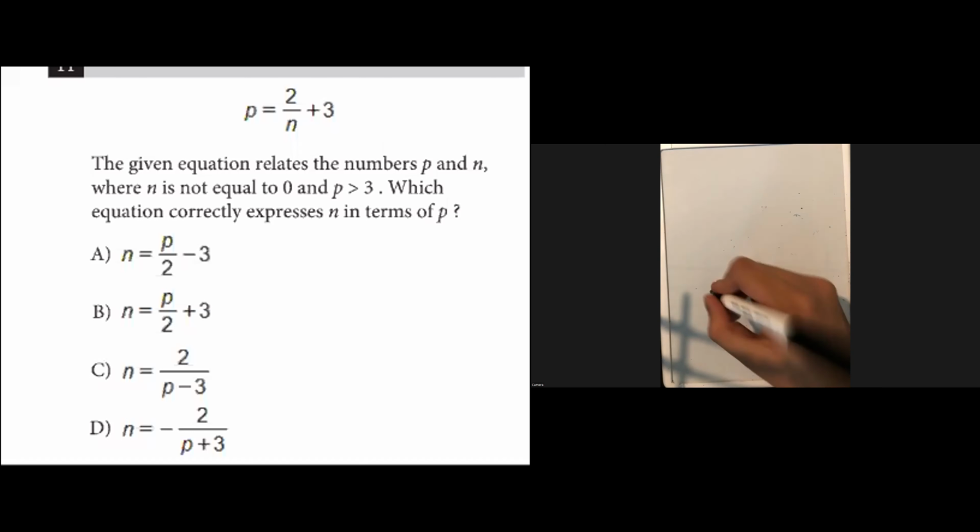All right, so for this one, we're given an equation, P equals 2 over n plus 3. We're given that n is not equal to 0 and p is greater than 3, which doesn't really matter. It says, which equation correctly expresses n in terms of p? For this one, we're just add 3 to both sides.